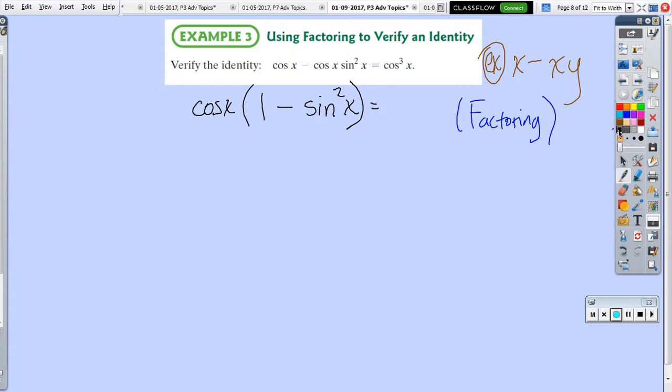But we're just factoring out the positive. Okay, so does anyone recognize this? It looks like I recognize it, but I don't know. Okay, look at your Pythagorean identity.